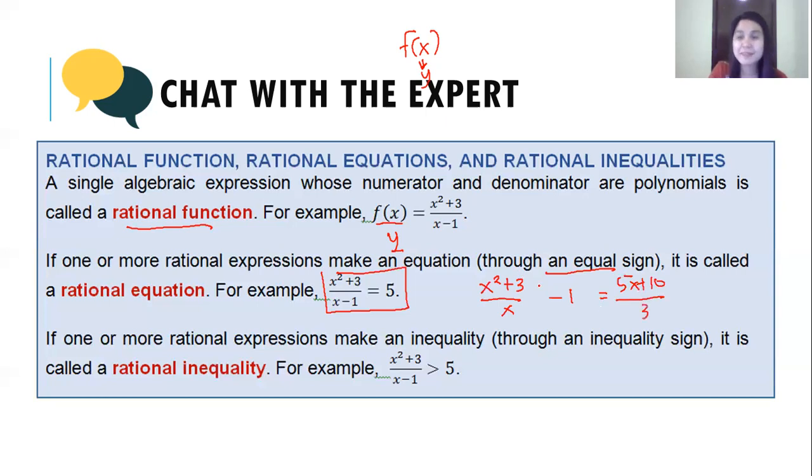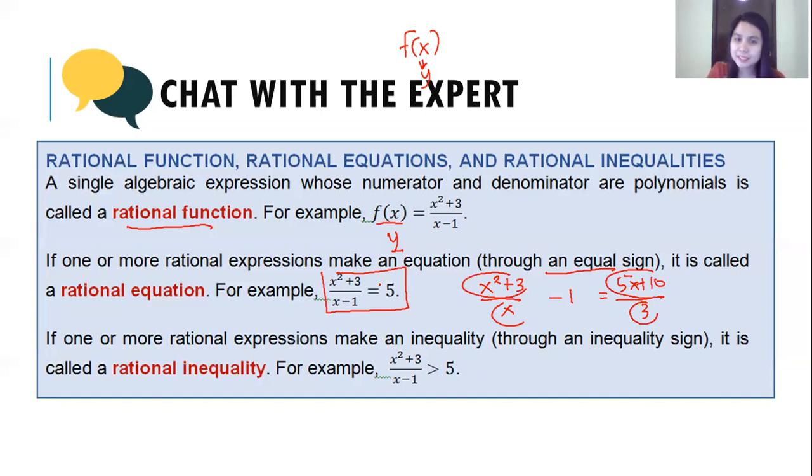Remember, even if there are so many rational terms, like this one and this and this and also this, but all are polynomials, and there's an equal sign. So we call it rational equation.